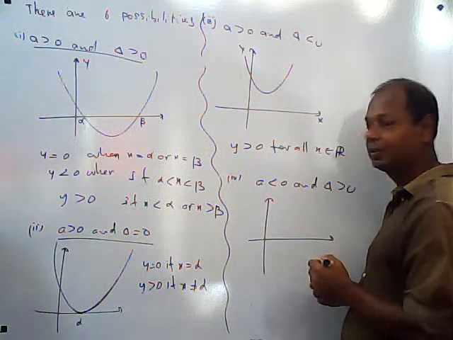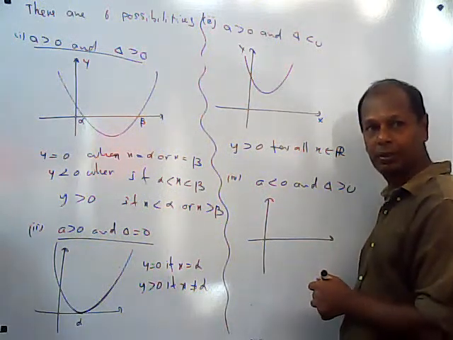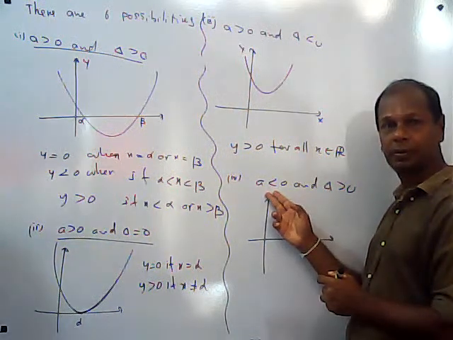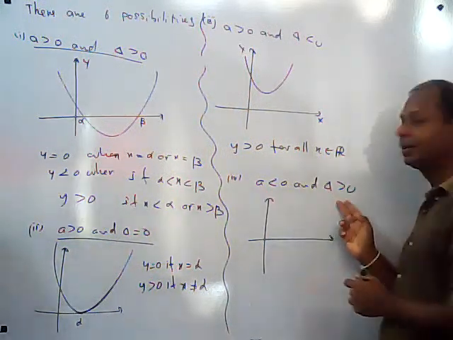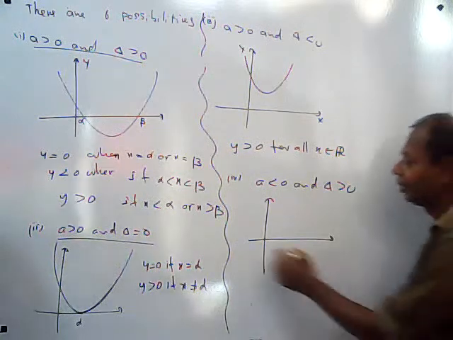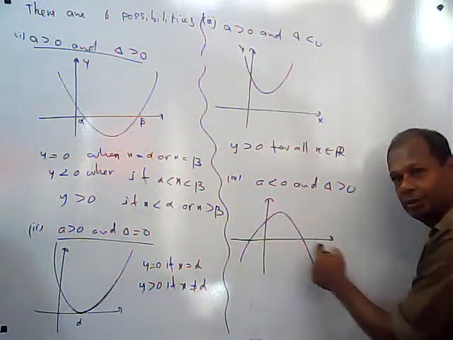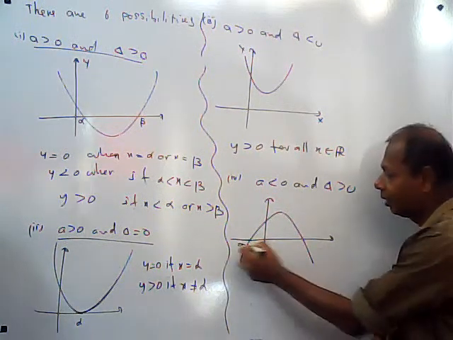A is less than 0, so maximum. Delta is greater than 0. That means it meets the x-axis at 2 points, alpha, beta.